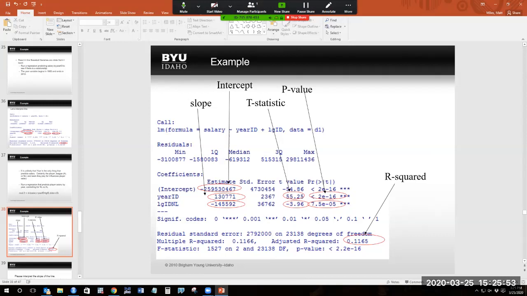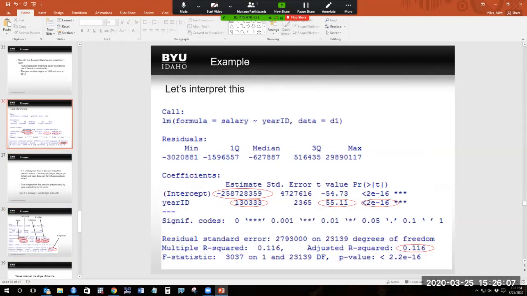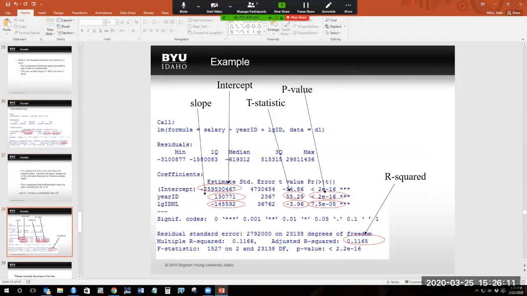So it's significant, right? But it only improves our model by 0.05%. If I leave this variable out, my R squared was 0.116. Now I add this new variable in and it goes up to 0.1165. Now that's not 0. That's why it's significant, because it is explaining something, but it's not explaining much.